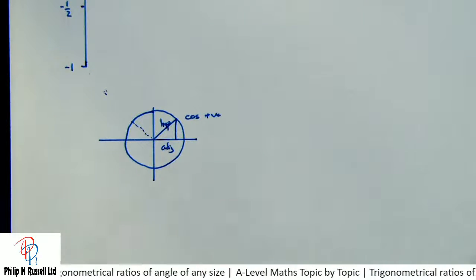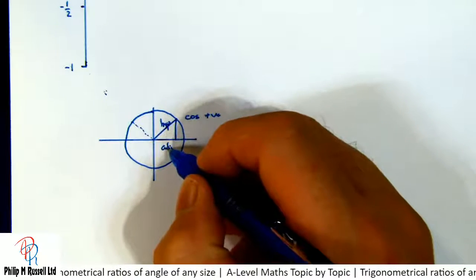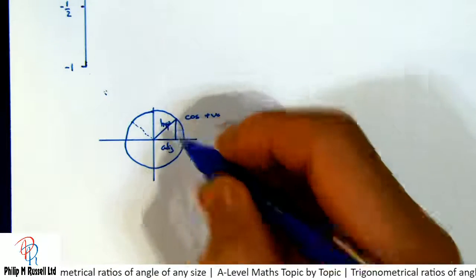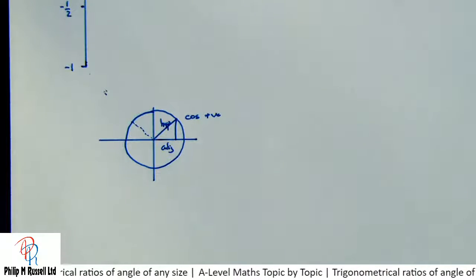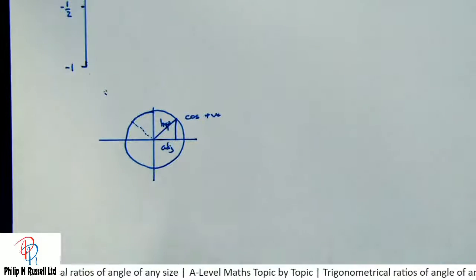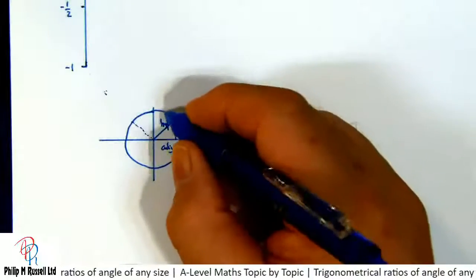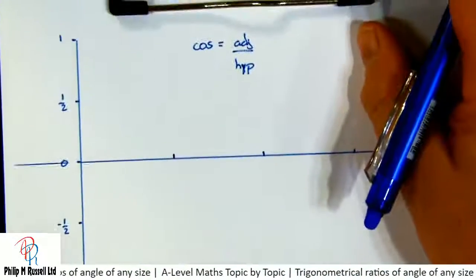If we're looking at our adjacent over our hypotenuse, then we want to look at a slightly different relationship.